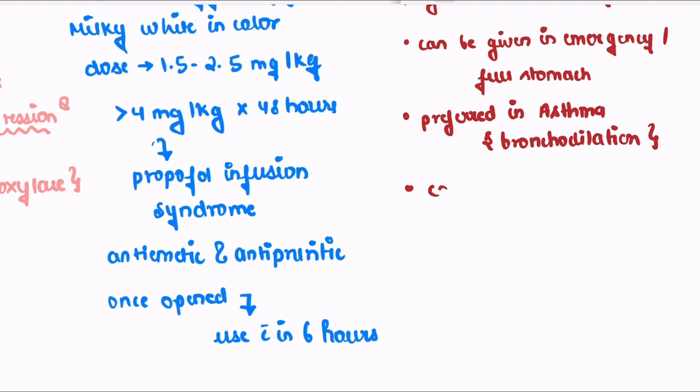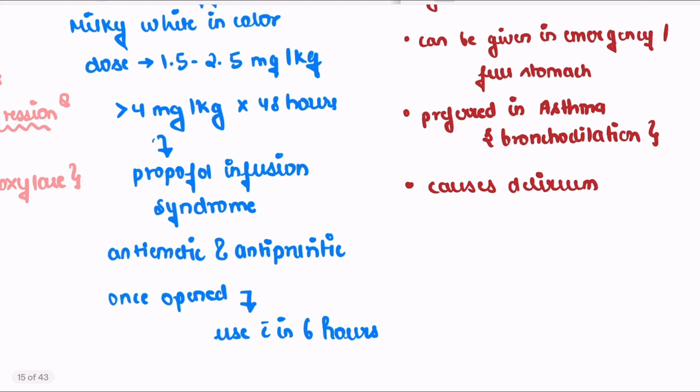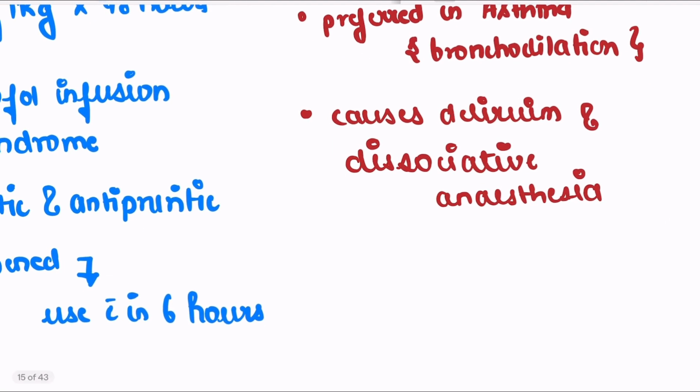Ketamine causes delirium and dissociative anesthesia. The term dissociative anesthesia means that a person feels like he is seeing himself away from his body, like a movie. This dissociative anesthesia is due to thalamocortical dissociation.